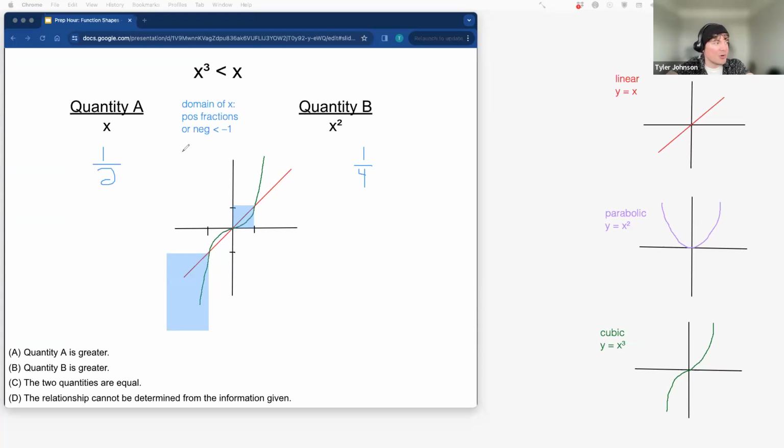So that's a case where quantity A is bigger. Or I need to test something that's in the negatives down here. So if x were -2, x squared would be +4. And that's a case where quantity B is bigger. So I've gotten two different relationships. Sometimes A is bigger, sometimes B is bigger. That means we've proven that the answer is D.